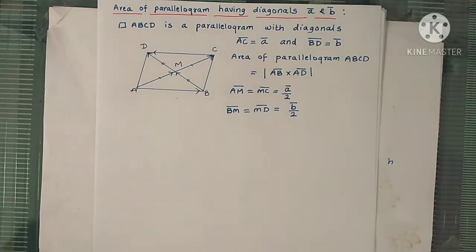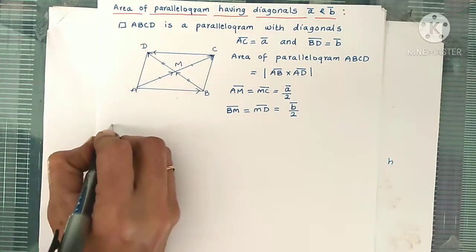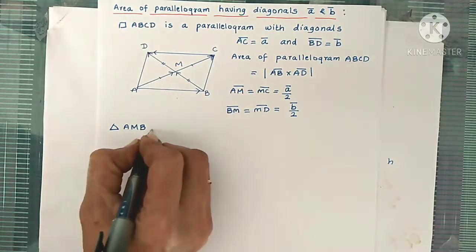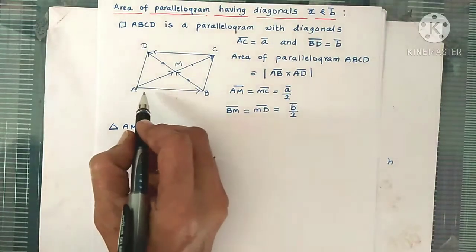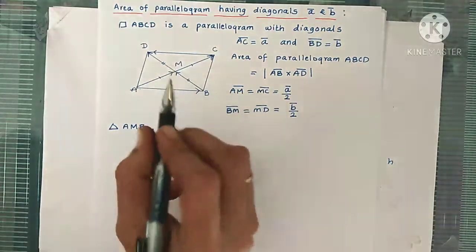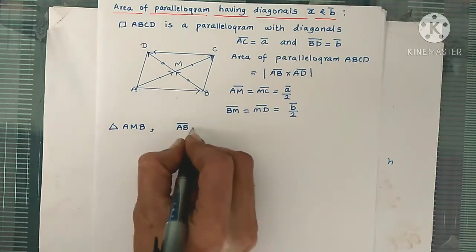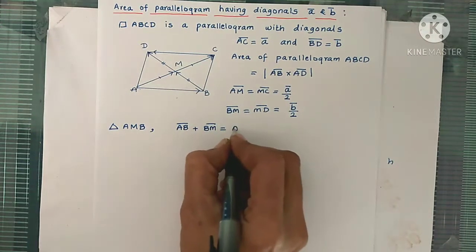Now let's find AB bar in terms of A bar and B bar. Here AB bar is not B bar minus A bar, as A bar and B bar are not position vectors of A and B. A bar and B bar are the diagonals. So consider triangle AMB and apply the triangle law of addition. We have A to B, then B to M, so it is A to M. So AB bar plus BM bar equals AM bar.